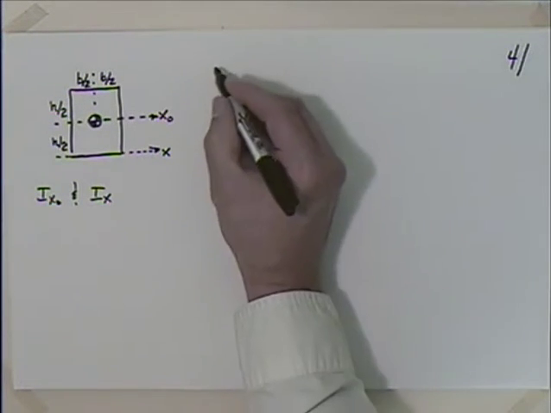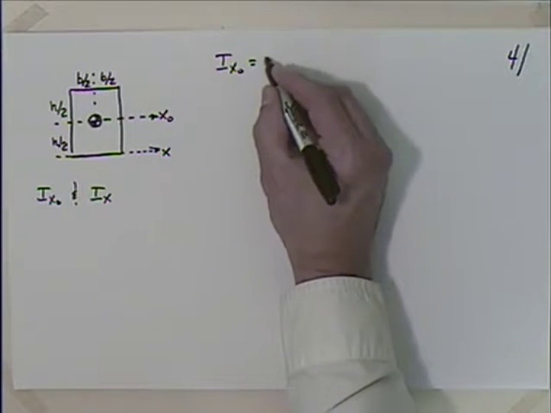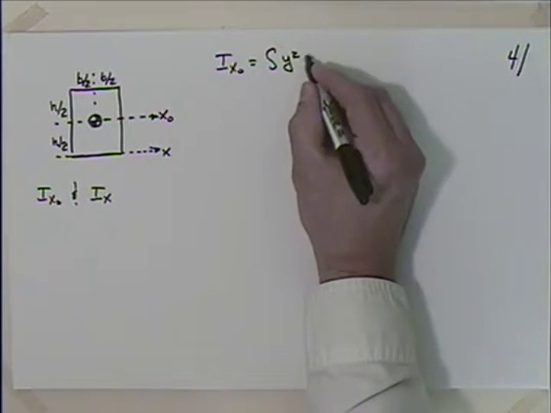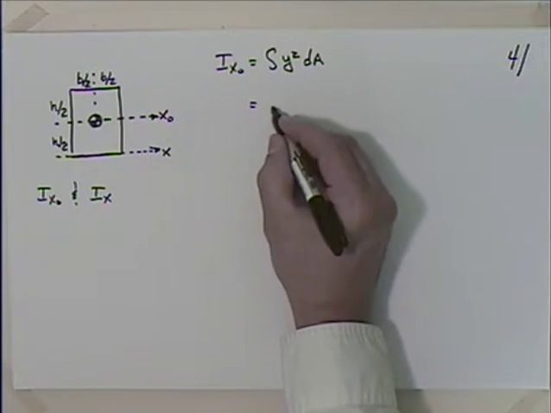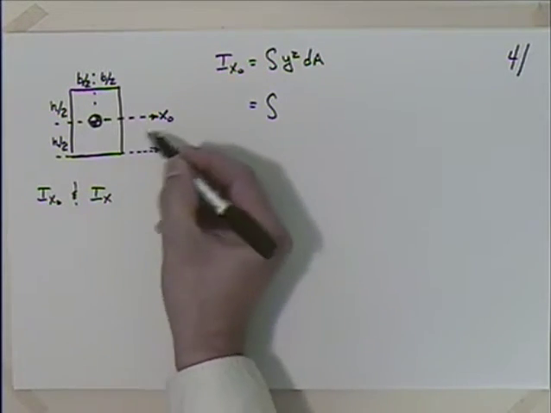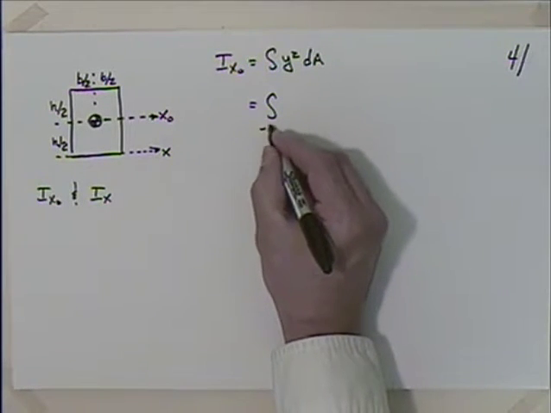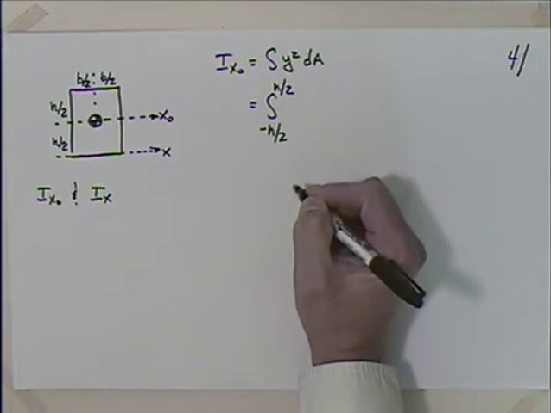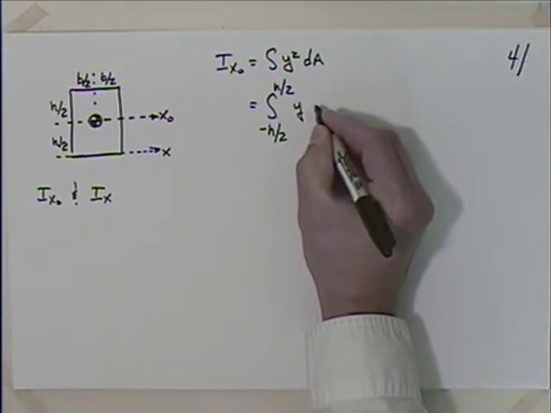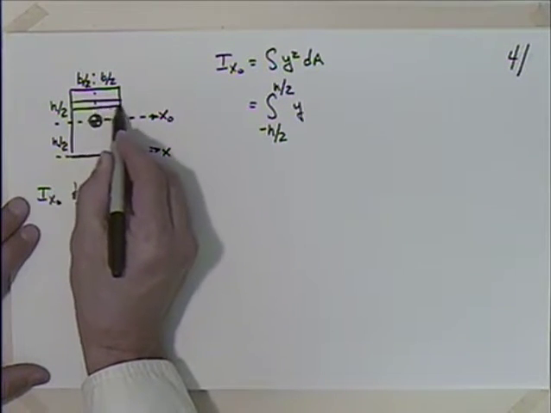So I can say that I about x naught would be equal to the integral of y squared dA, right? I'm doing it about this axis, so I have to go from minus h over 2 to h over 2. And then I'm going to have y squared, because my differential element is going to be up here like this.